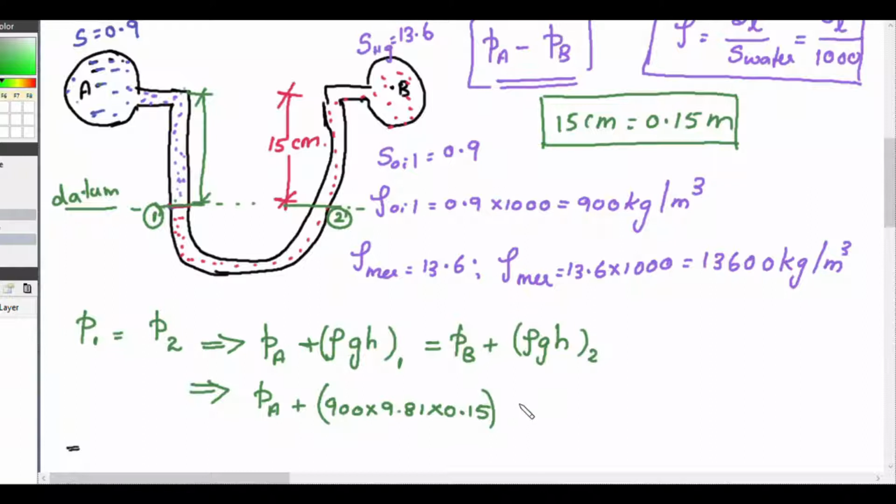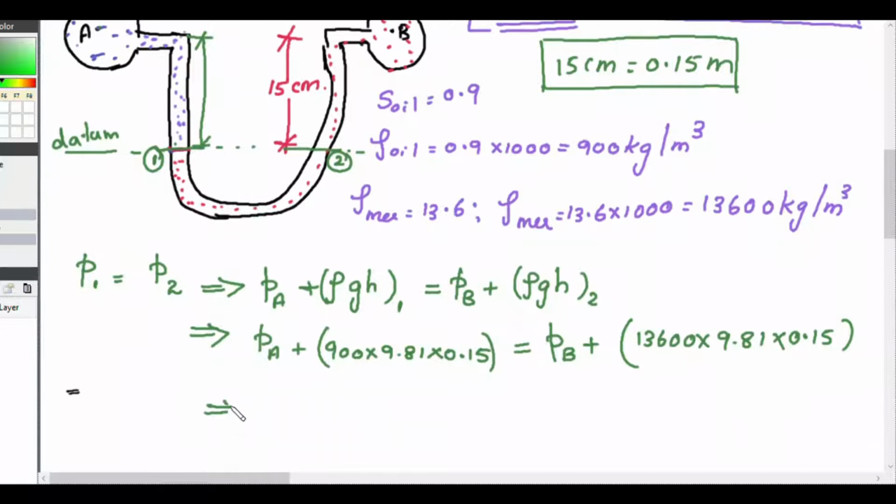Equal to pressure at B plus, now this is of mercury. For mercury the density is 13600 multiplied by 9.81 into, here the height above 2 is 15 centimeter, so it is 0.15 meter. Now, from this we get the difference in pressure, that is PA minus PB, equal to 18.68 into 10 cube Newton per meter square.